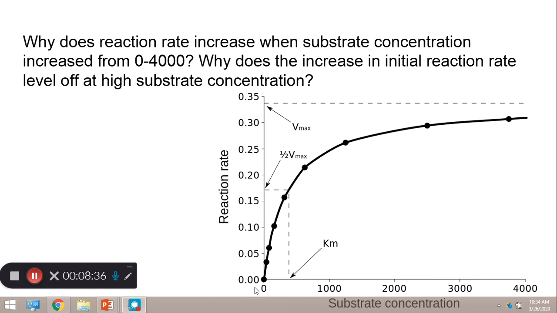And so you've got the reaction rate increasing and increasing. The production of acetate increasing over time. So you're building up more and more product as you add more and more substrate, which makes sense. But if we want to think about why it's slowing over time, you can imagine every single enzyme, even though it can be reused over and over again.